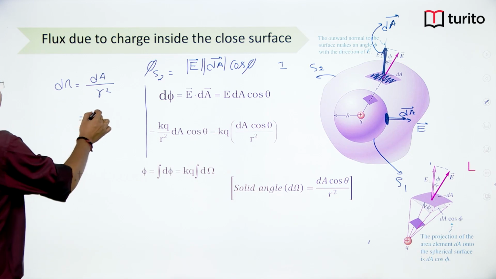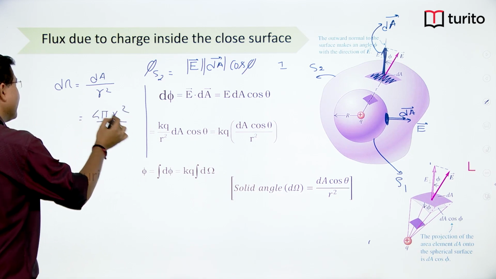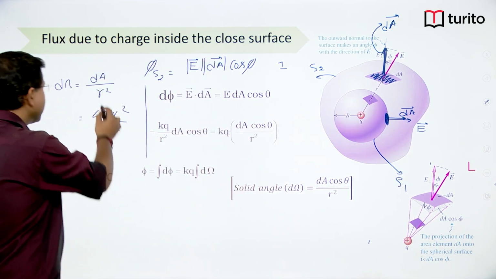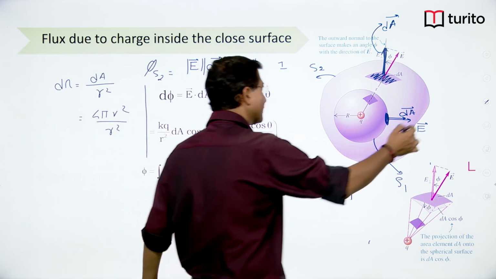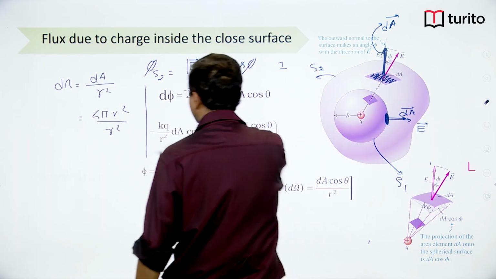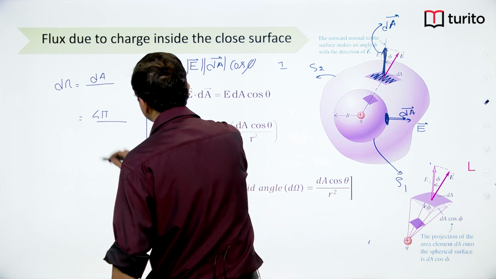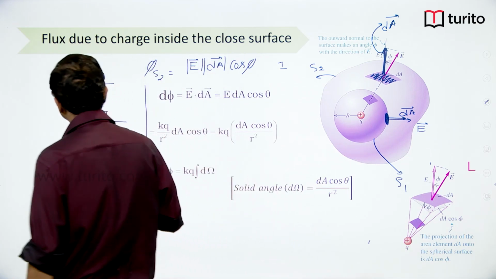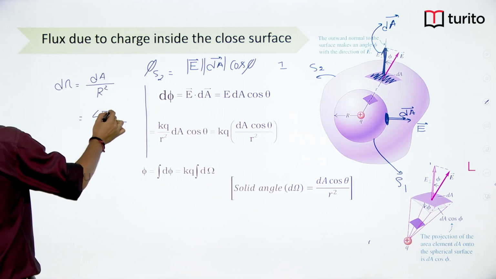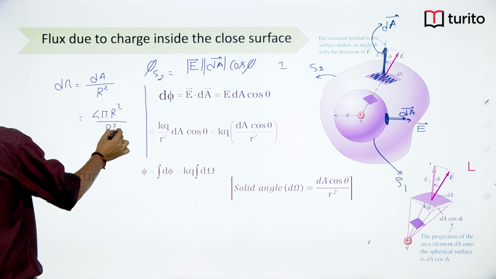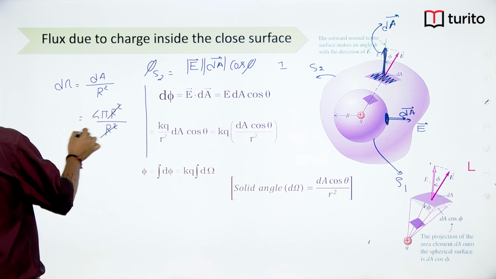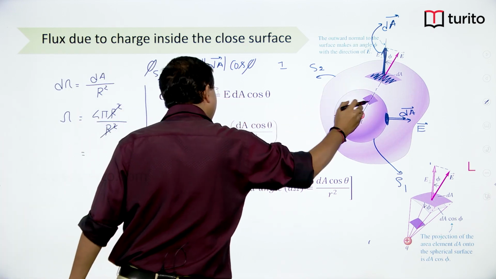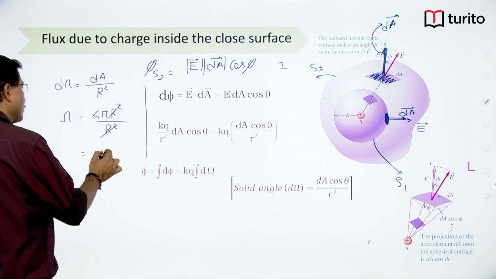So, here I write 4 pi r square divided by r square, I have written for this sphere, right. So, radius is capital R, capital R square here, capital R square here, divide by capital R square, it gets cancelled out. So, total solid angle subtended by the whole sphere at the center is coming 4 pi.